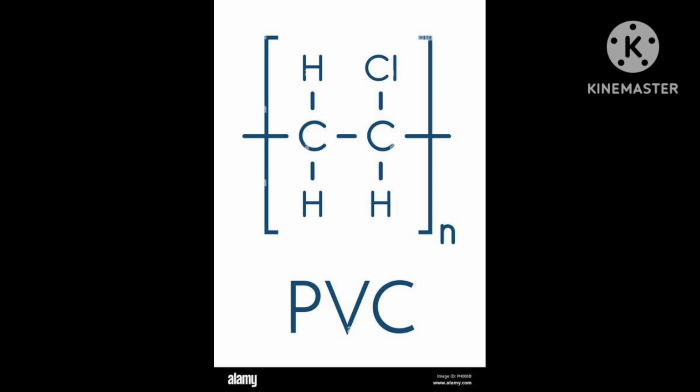When this single bond breaks, both carbons will take one electron each. The first carbon will take one electron, the second carbon will take one electron. This is called a free radical. You will get two methyl radicals, both called free radicals. Now the reaction will take place through these radicals.